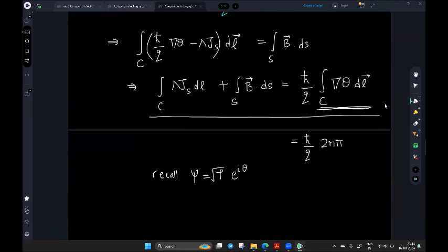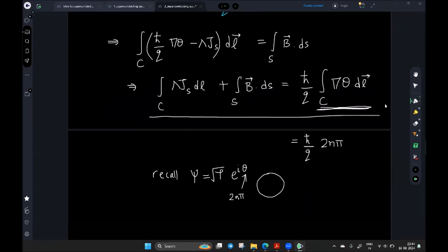If I integrate around a loop, it won't make a difference if this theta acquires some multiple of 2 pi, for instance 2 pi or perhaps 4 pi.